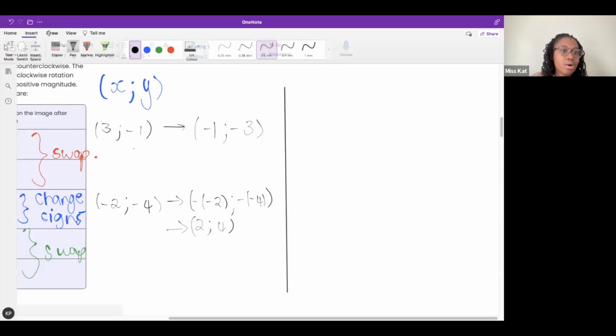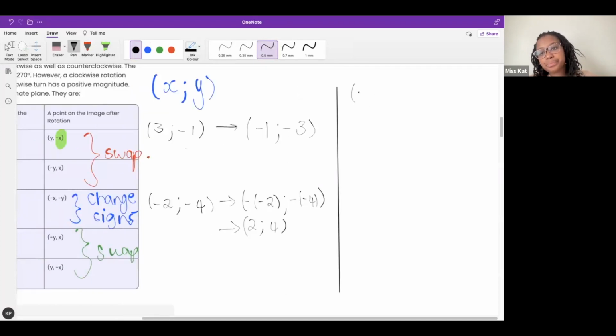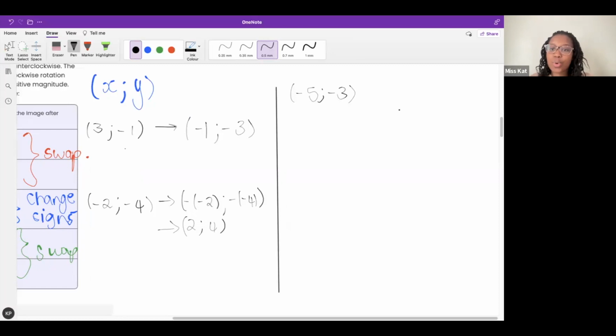Okay, now let us rotate the point -5, -3. I want us to rotate those points 90 degrees counterclockwise.